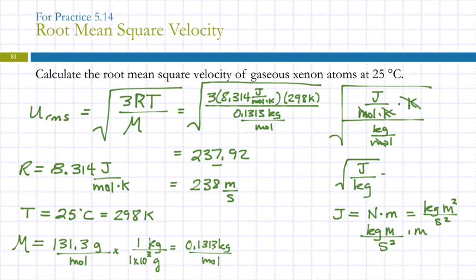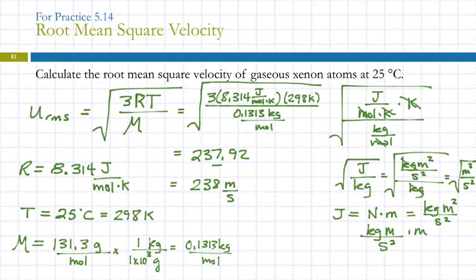So when we put that into here, kilogram meters squared per second squared divided by kilograms, taking the square root of that, the kilograms cancel out. We end up with the square root of meters squared per second squared. That's where the meters per second comes from.